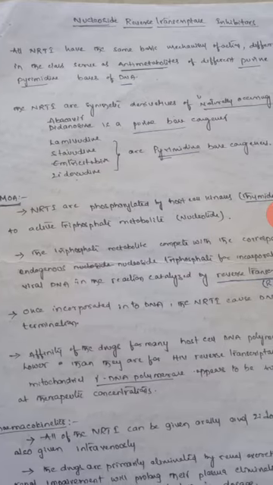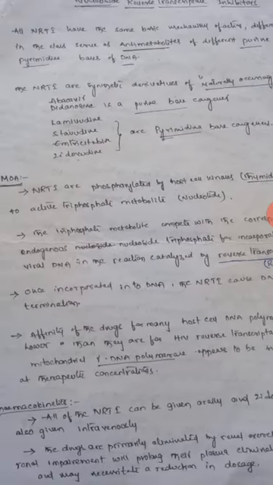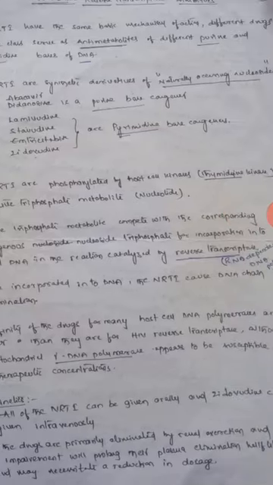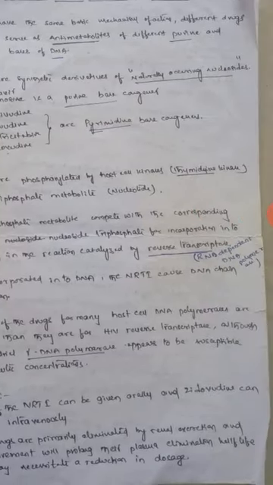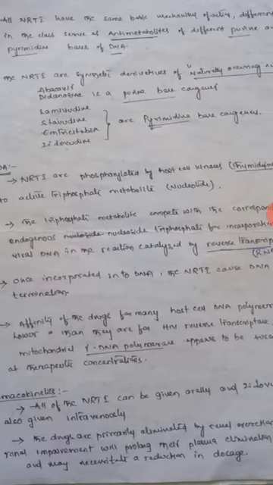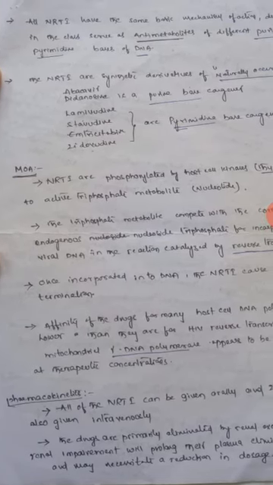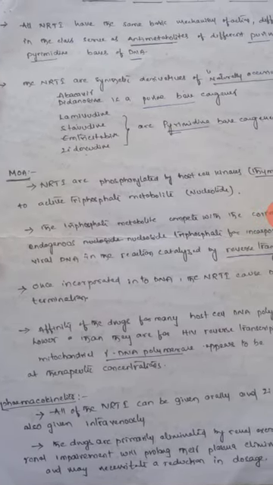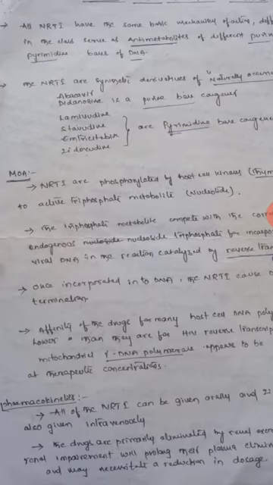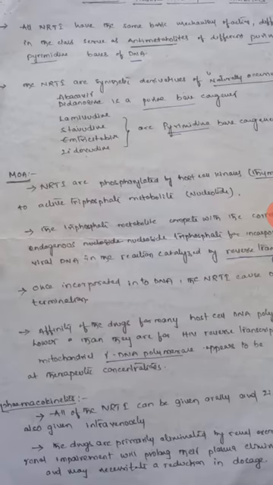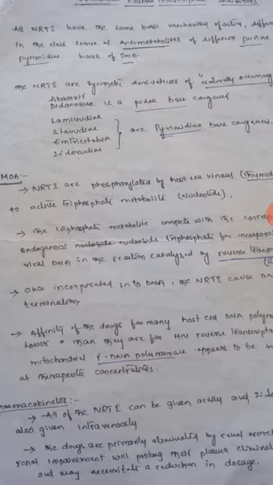They undergo phosphorylation by host cell kinases. What kinases do is convert nucleoside to nucleotide. Once phosphate is added, the product is called a nucleotide.